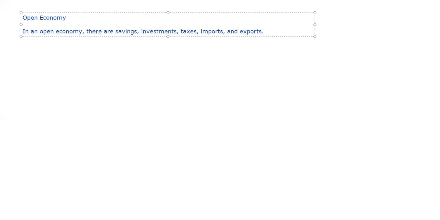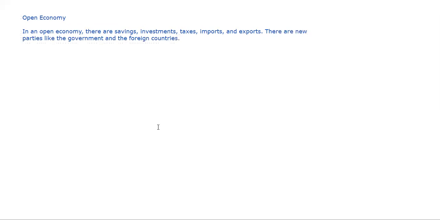So we're essentially saying that there are new parties like the government and foreign countries. So we add two participants in this whole scenario. They are the government and the foreign countries. So how does our previous model get modified?